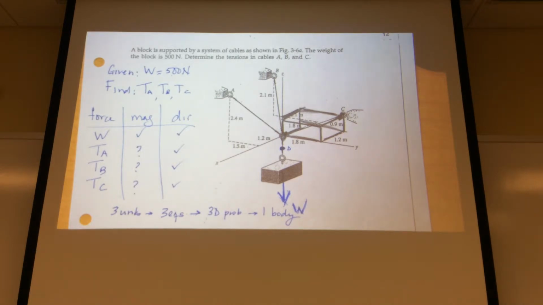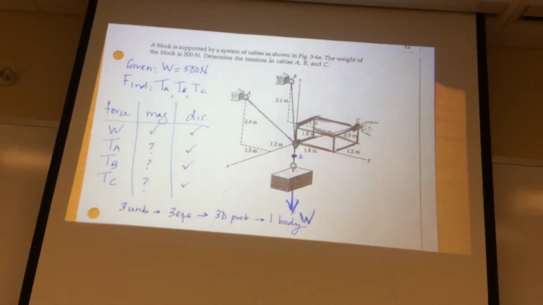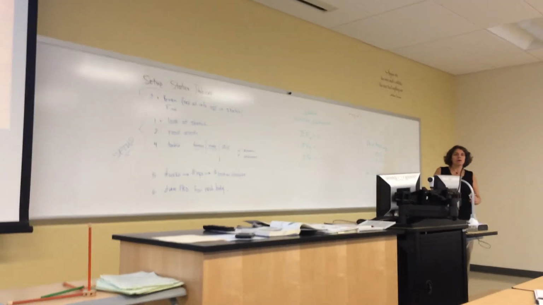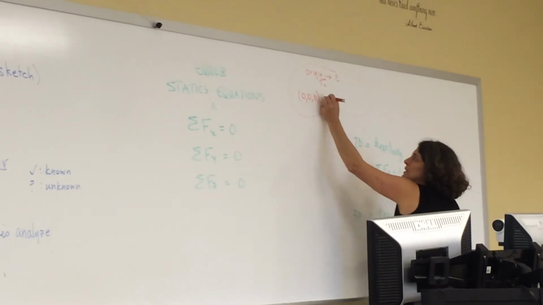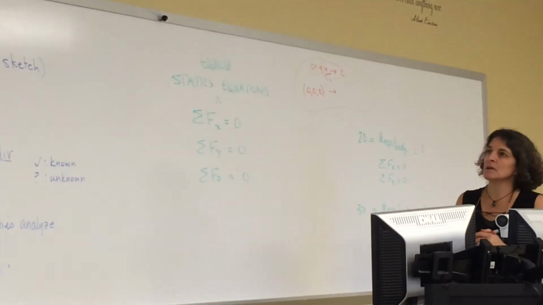I'm going to write it up here. I'm going from the origin to point C, right? This is TC. What are the coordinates of the origin? 0, 0, 0. Peter, what's the coordinate of point C?